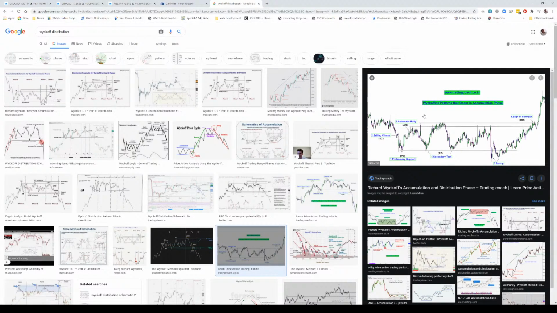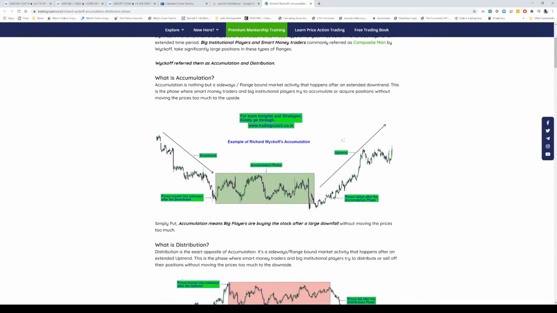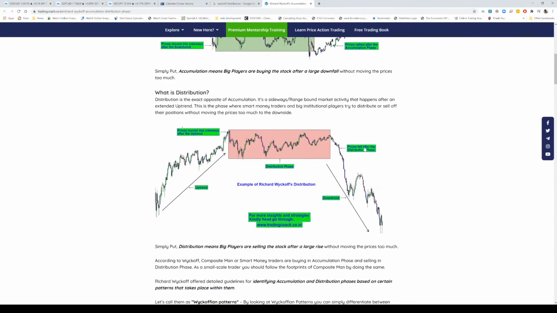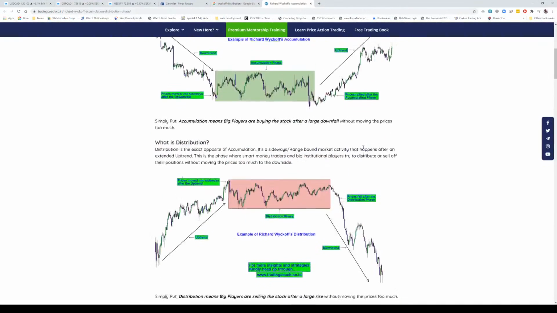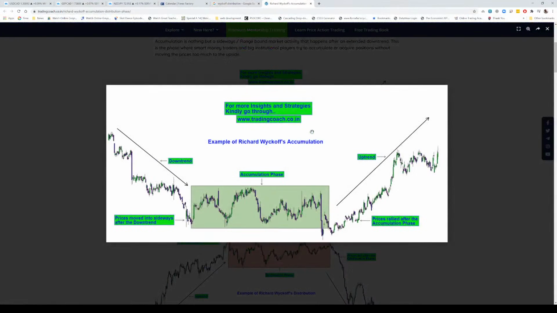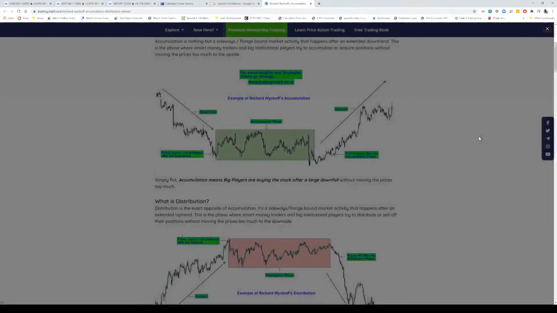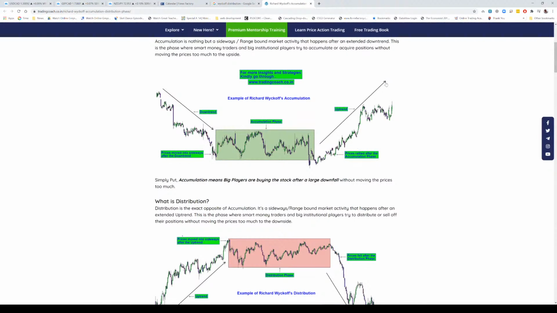And let's go on to this and show you what price did after. It doesn't show you what pair. I would have showed you what price did, how far this thing went up. Okay, so we have PS, secondary test, spring, and then price took off.